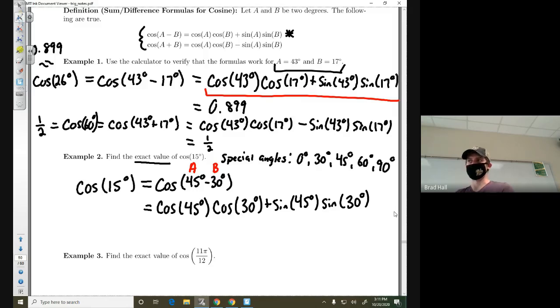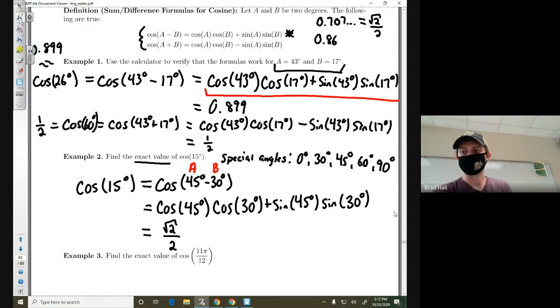I told you that's a decimal you need to recognize from now on, because that corresponds to the square root of 2 divided by 2. And then the other one was 0.866, which is the square root of 3 over 2. Those are two decimals you need to get used to.